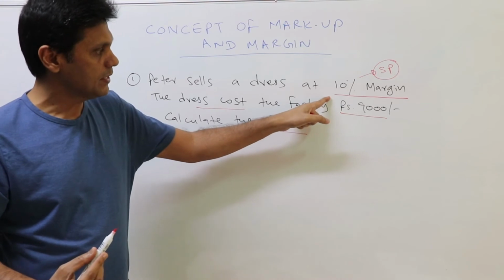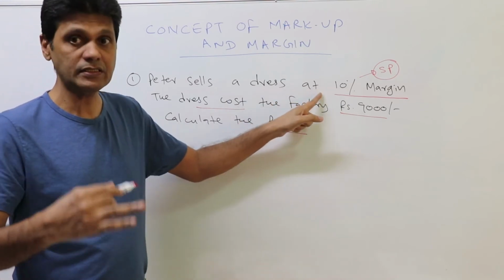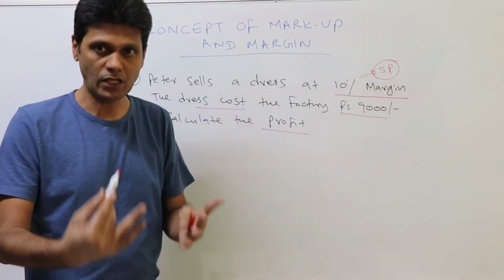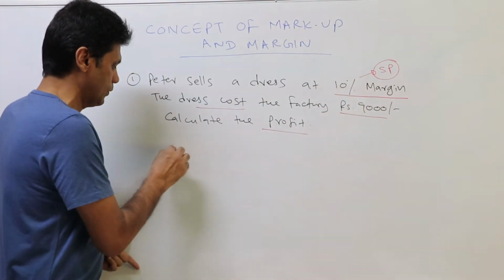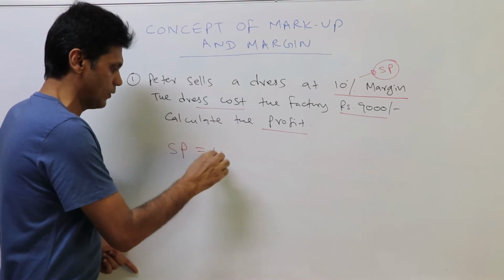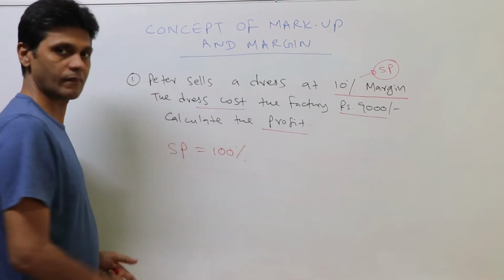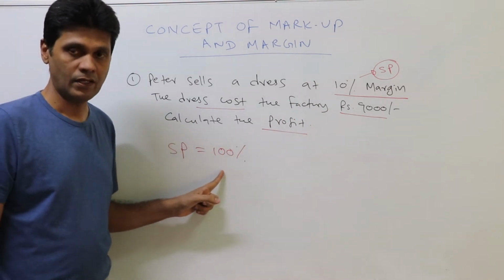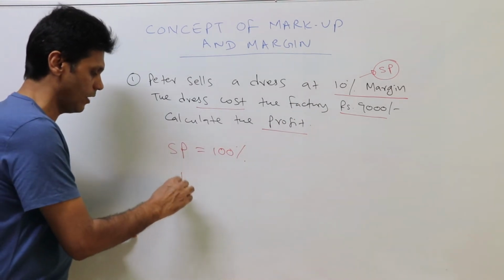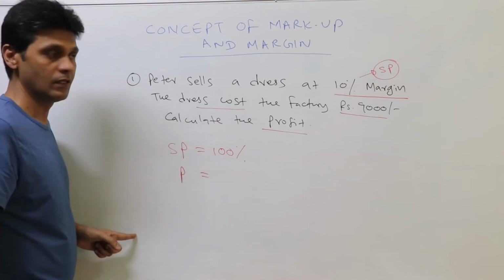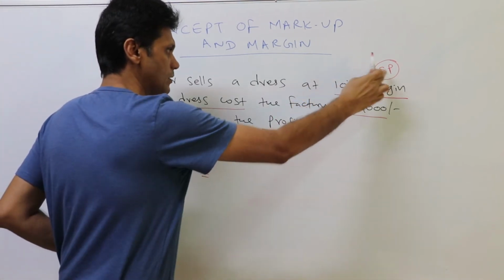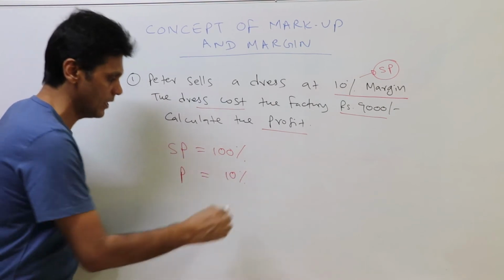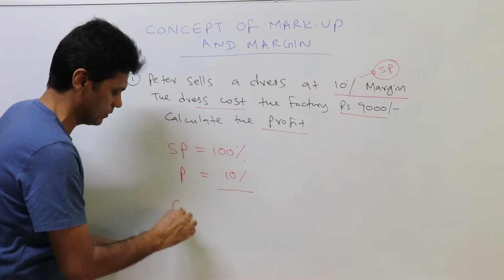If the profit is expressed as a percentage of selling price, or margin, you need to equal the selling price to 100%. Then what should be the profit? 10% on selling price, that will be 10. Then what should be the cost?